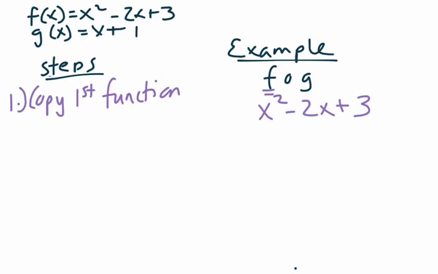You put both f and g out there. When you're doing composition, you are going to start with just writing one of the functions, not both of them. That's how I can tell on homework who's paying attention, who's writing stuff down, because if you start writing down f and g together in the first step, then I know you're not listening to what I'm saying. So copy just the first function down.